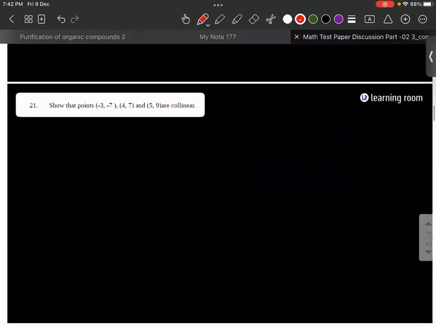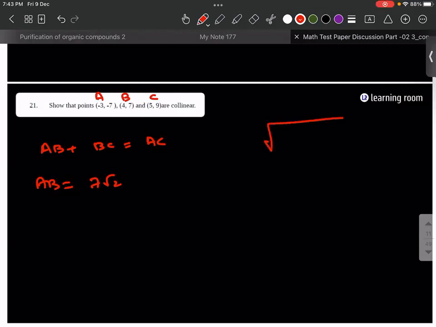What about 21? Show that the points are collinear. Sir, we need to prove AB plus BC is equal to AC. Did you get it? Yes, sir. I got AB as 7 root 5, BC as root 5 and AC as 8 root 5. For AB, 7 squared is 49, 49 plus 49... Square root of 196?